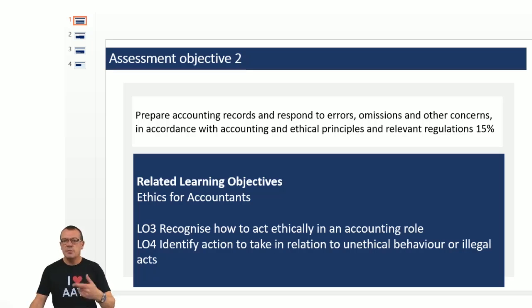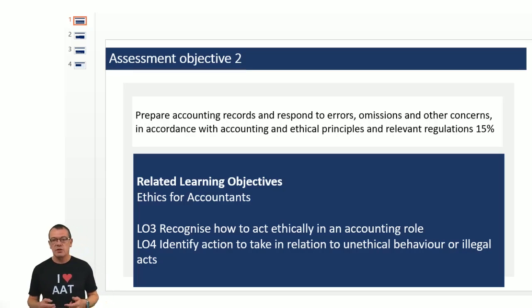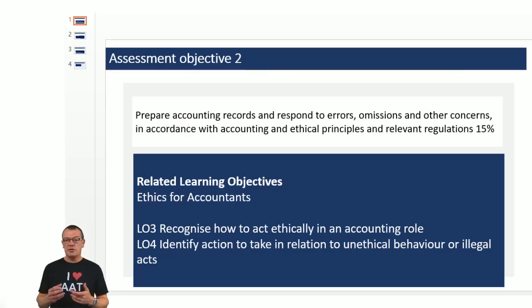If not, we need to be prepared for it. Also, to identify what sort of action to take in relation to unethical behaviour or illegal acts. So in other words, if you find yourself in that situation, what are you going to do about it? Okay, how will you approach it? How would you deal with the situation? And that is going to be somewhere in this task. So we're aware of that.